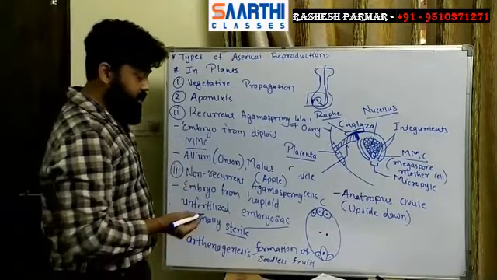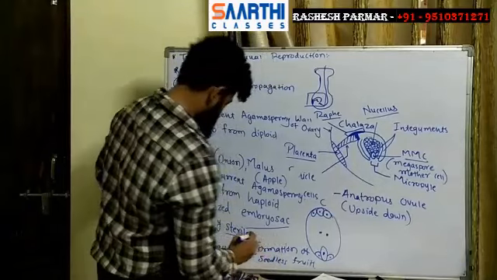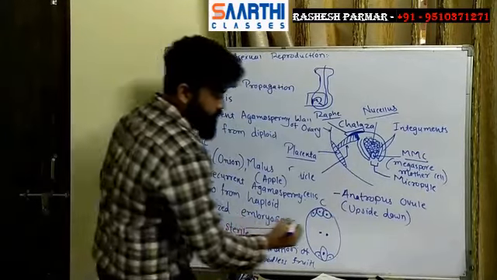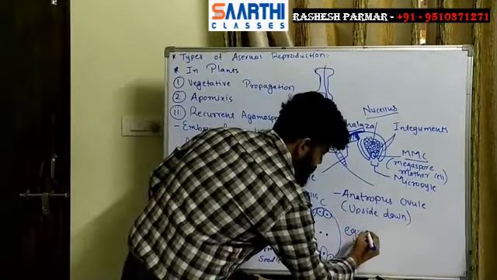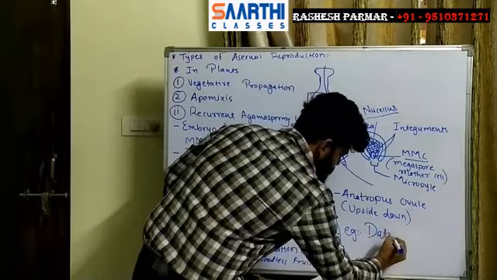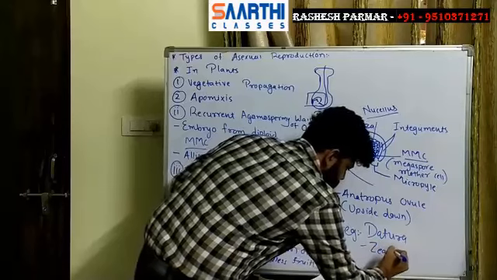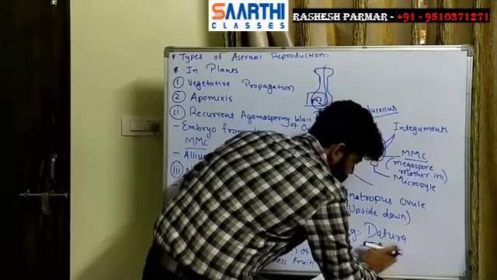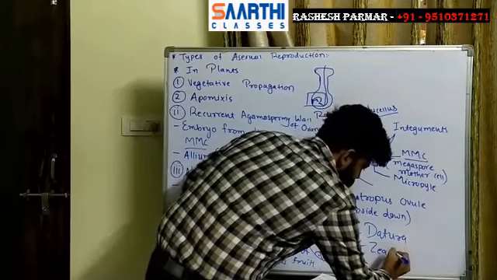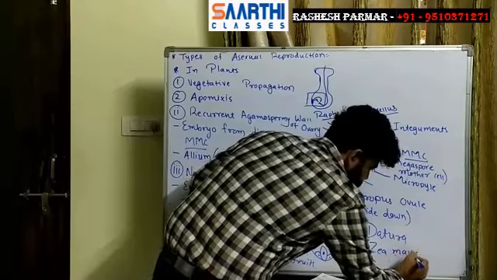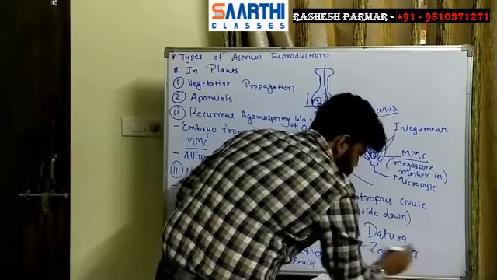Other examples are Datura and Zea mays, which is corn.